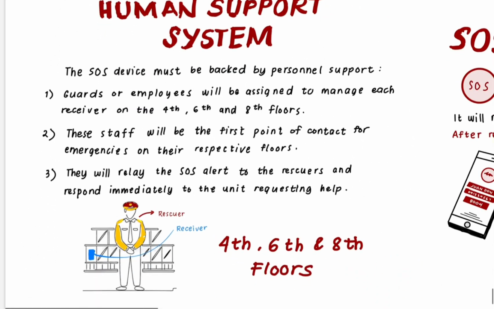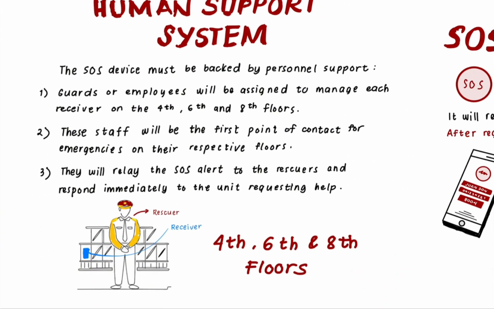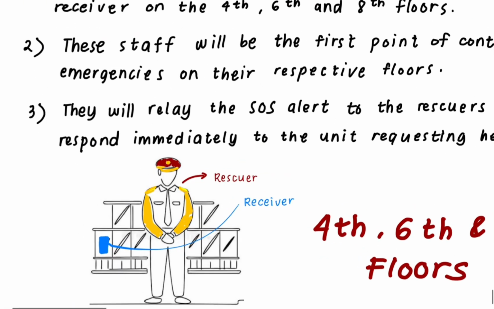And they will relay the SOS alert to the rescuers and respond immediately to the unit requesting help, as what I have mentioned before. So, this is the rescuer, and then the receiver. So, he has a device, his own device, and then he will be notified when someone clicks the SOS button from any unit.